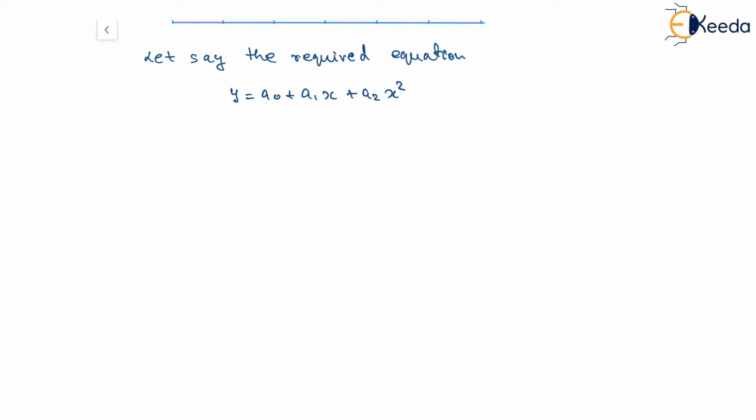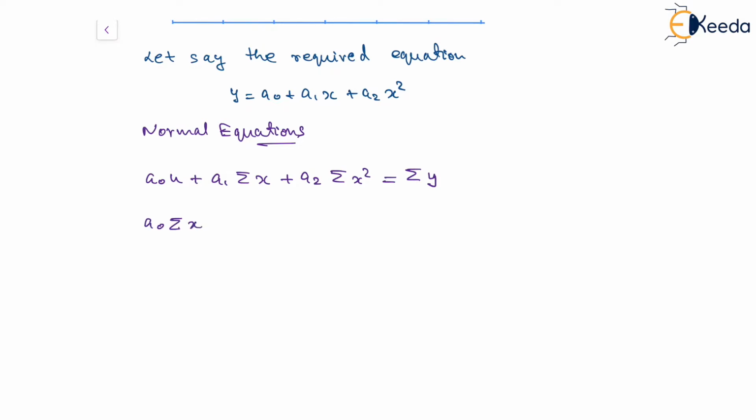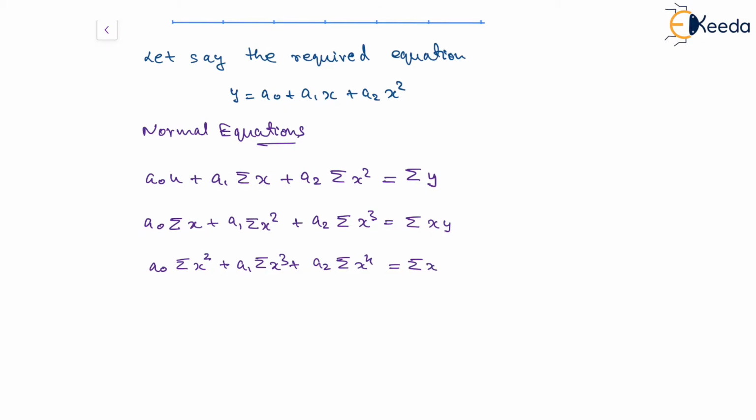Then the normal equations for this will be: a naught n plus a1 summation x plus a2 summation x square equal to summation of y; a naught summation of x plus a1 summation of x square plus a2 summation of x cube equal to summation of xy; and a naught summation of x square plus a1 summation of x cube plus a2 summation of x to the power of 4 equal to summation of x square y.